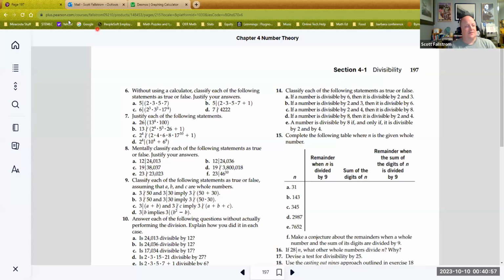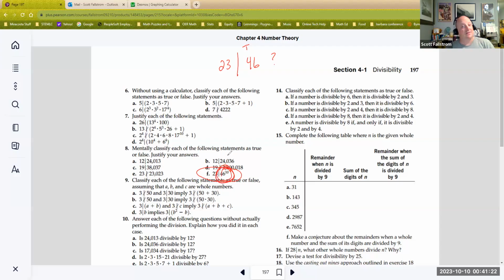We can actually figure this out on our own using what we did in class. So let's see here. 23. Does 23 divide just 46? Ask yourself that question. And the answer is definitely true. And so now if it divides 46, what do you know about 46 and comparing it to 46 to the 10th?